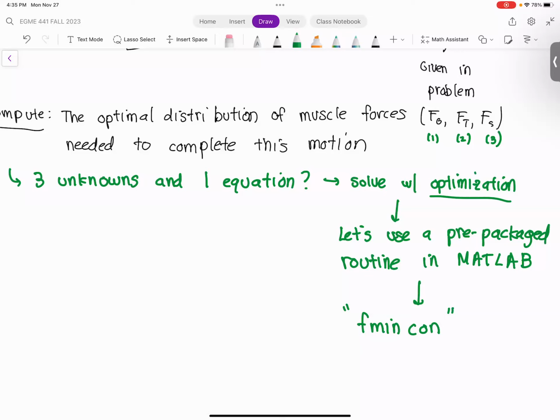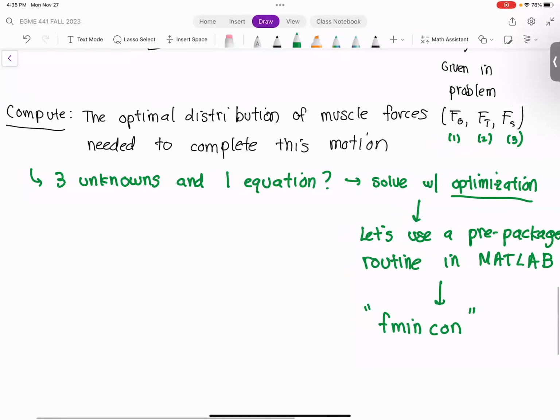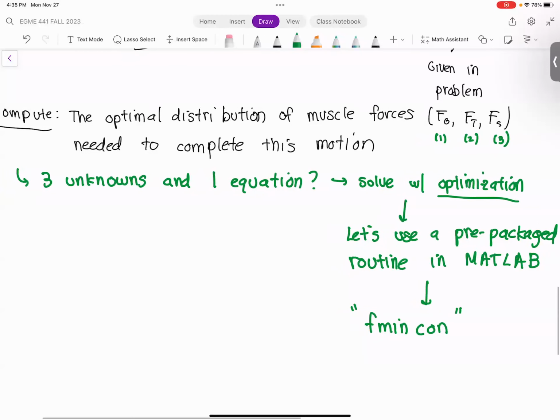Min stands for minimize, and the con here stands for constraint. And so essentially, we're going to run a constrained optimization on this problem. Okay. And for those of you in 454, the exact routine that's actually used here is a constrained version of Nelder-Mead. Okay. But if you're not in 454, don't worry about it. That's just a little trivia for those students, because I know there's some overlap.